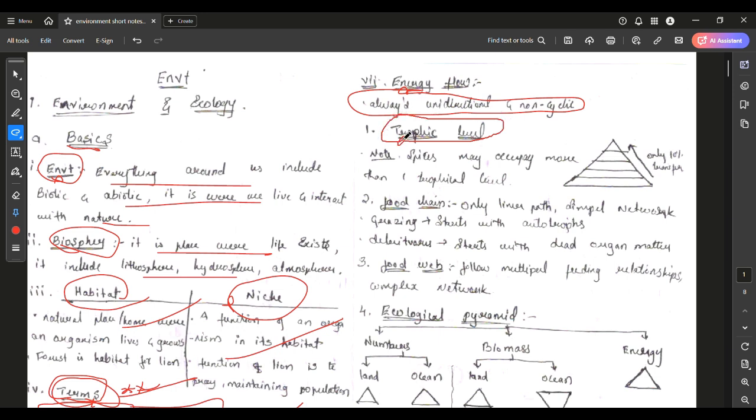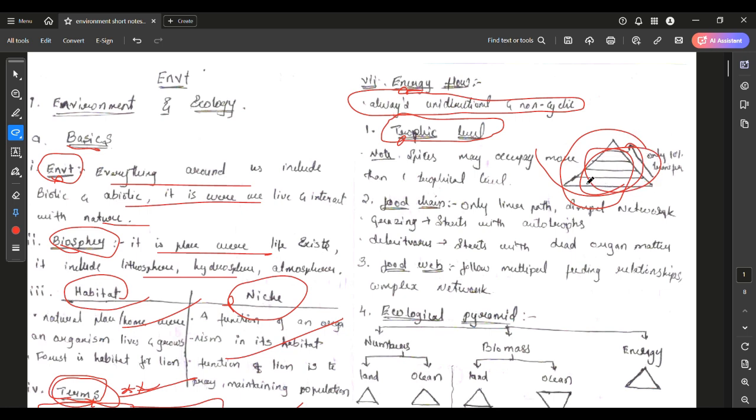First, by pointing one, you can start by saying trophic level. By seeing this image, you can clearly explain what trophic levels are. If they ask in the examination, you can explain that trophic levels are the different stages in the food chain, representing the flow of energy from one organism to another in an ecosystem.